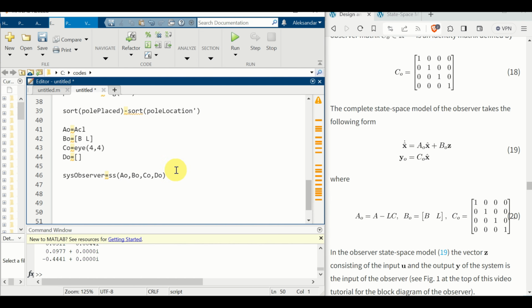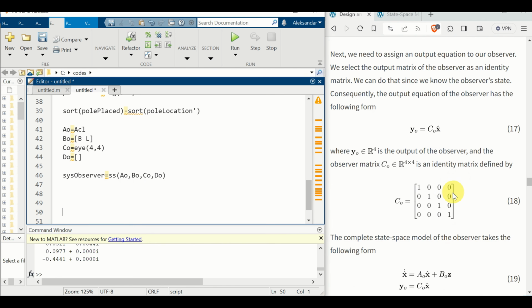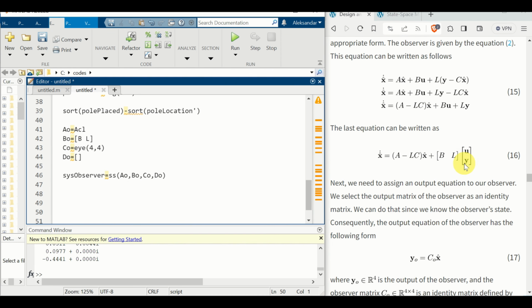Perfect. However, to simulate this observer, we need to define a new input sequence corresponding to this vector z. The vector z contains two entries, u and y. Consequently, our new input time sequence will consist of the time sequence corresponding to u and the time sequence corresponding to y.